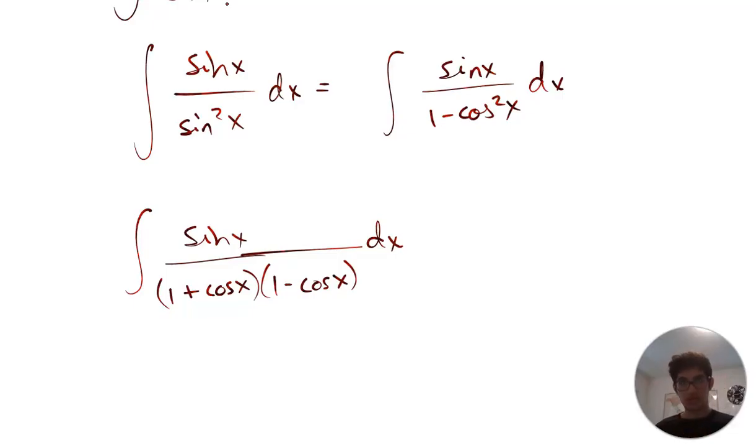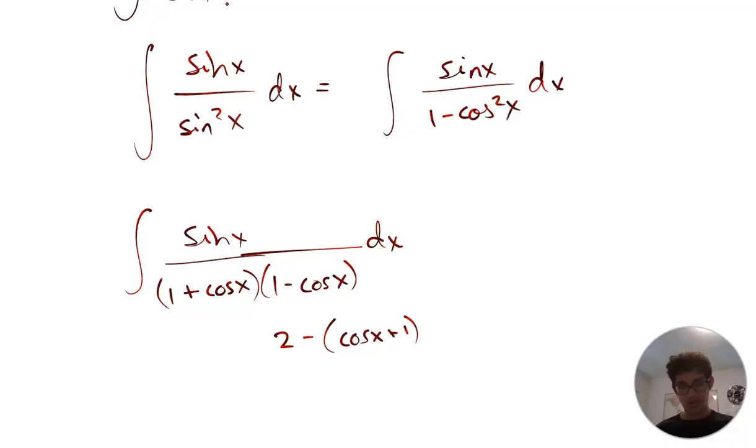There are a few nice things about this. One of them is that they're very close to each other. They're just a minus sign off, so we can rewrite this as 2 minus (cosine x plus 1). And now this term and this term are the same thing, so we can make a substitution there.